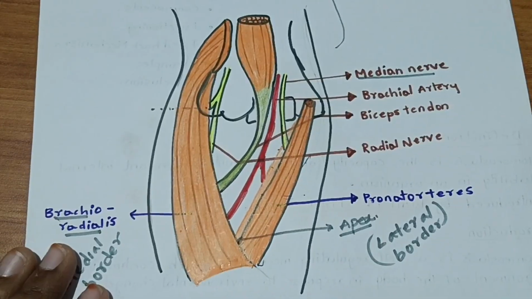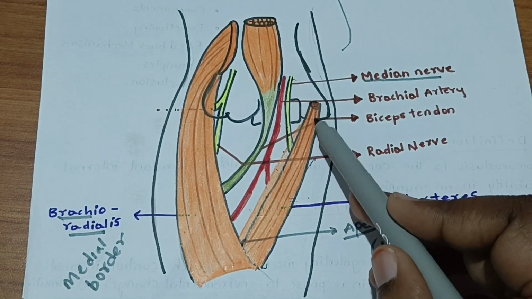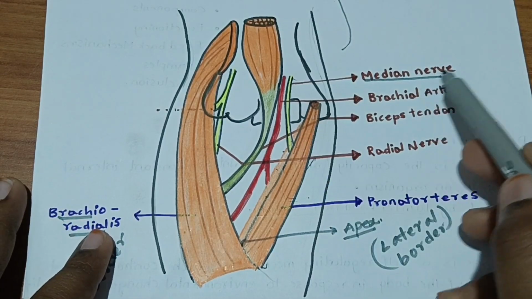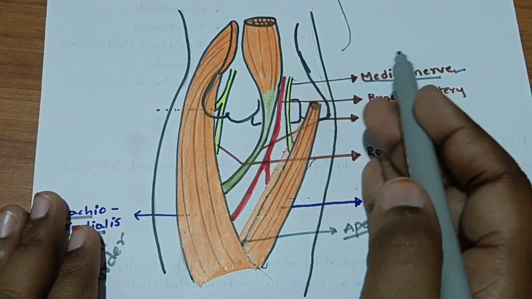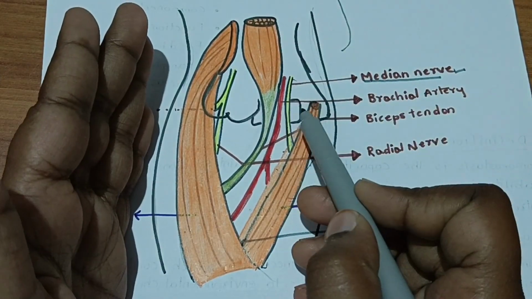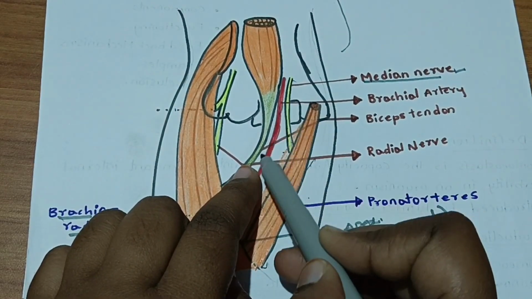See, this is the median nerve. It is present between the ulnar head and the humeral head of the pronator teres. This is the most medial side, and this is the lateral side. So the most medial component is the median nerve. Then next is the brachial artery, this red color.